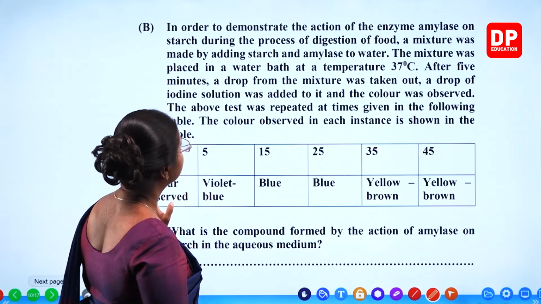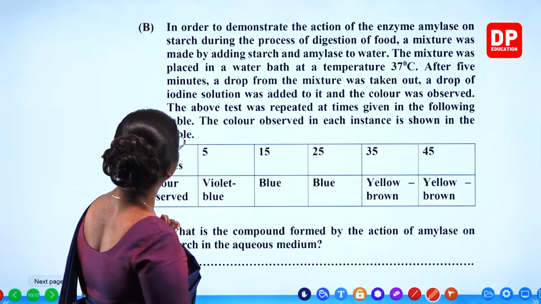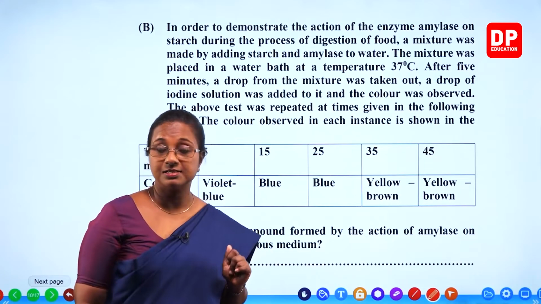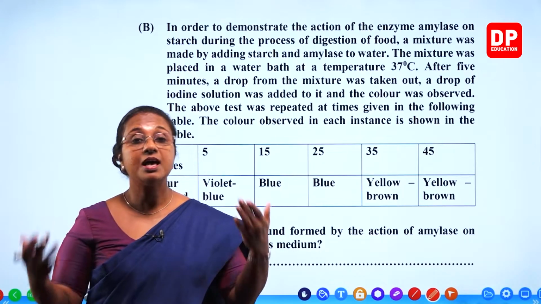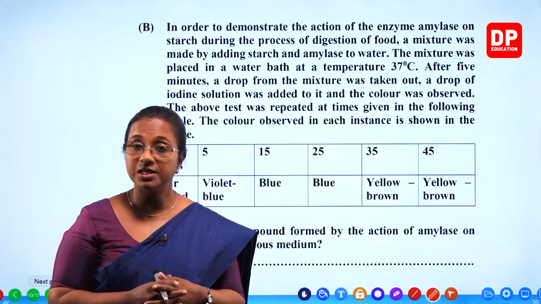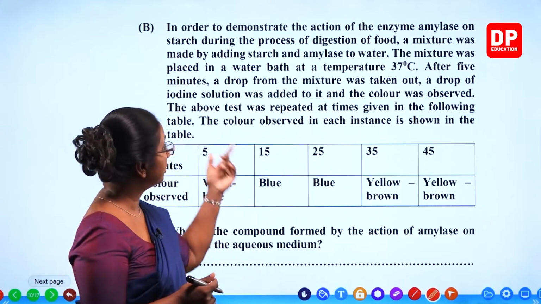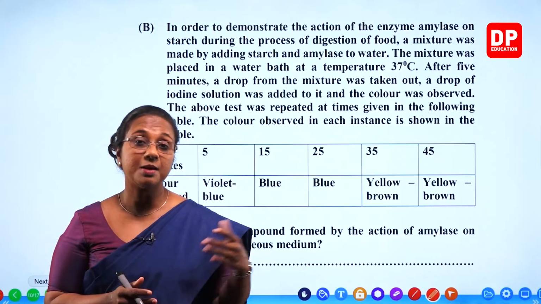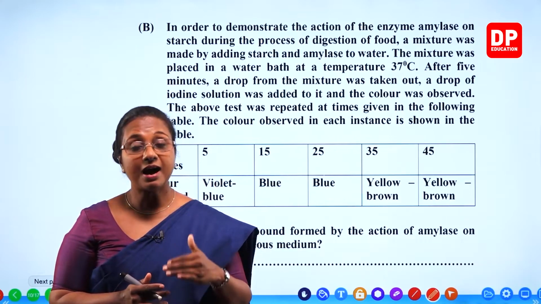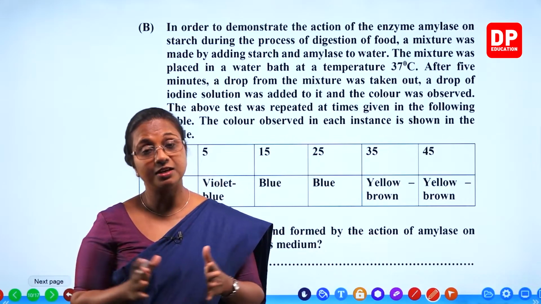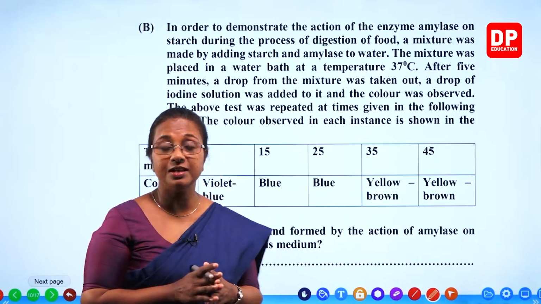So that is the activity. The mixture was placed in a water bath at a temperature of 37 degrees Celsius. Our body temperature is around 37 degrees Celsius, and that is the optimum temperature for the activity of enzymes. They are biological catalysts. They are very active. Optimum temperature is closer to 37 degrees Celsius.